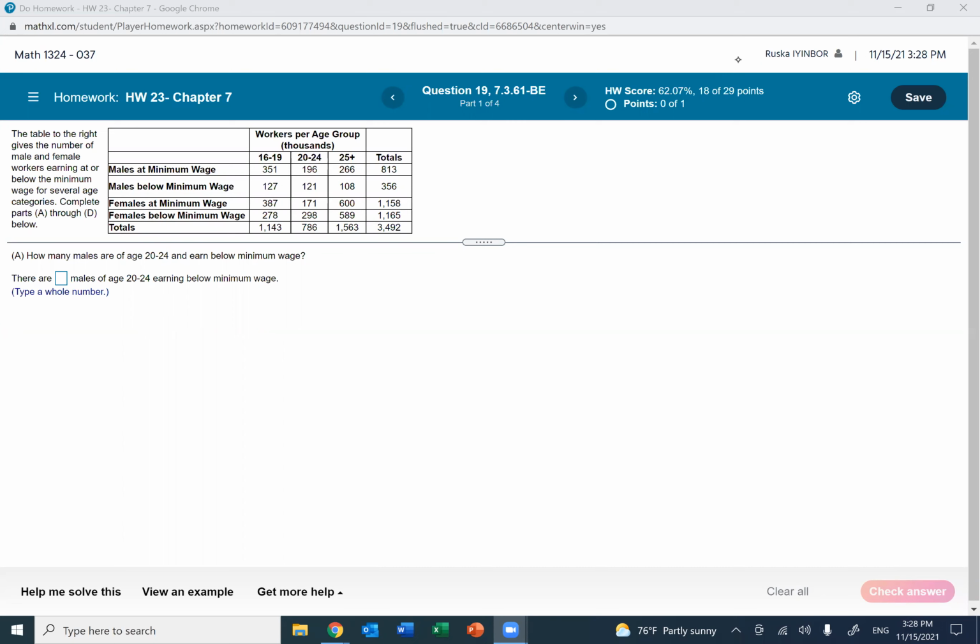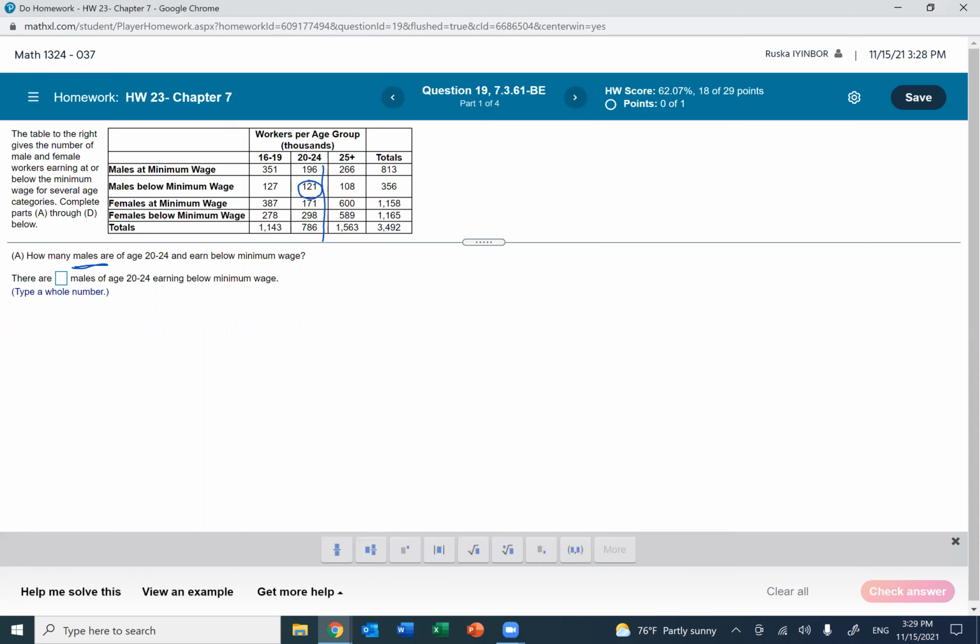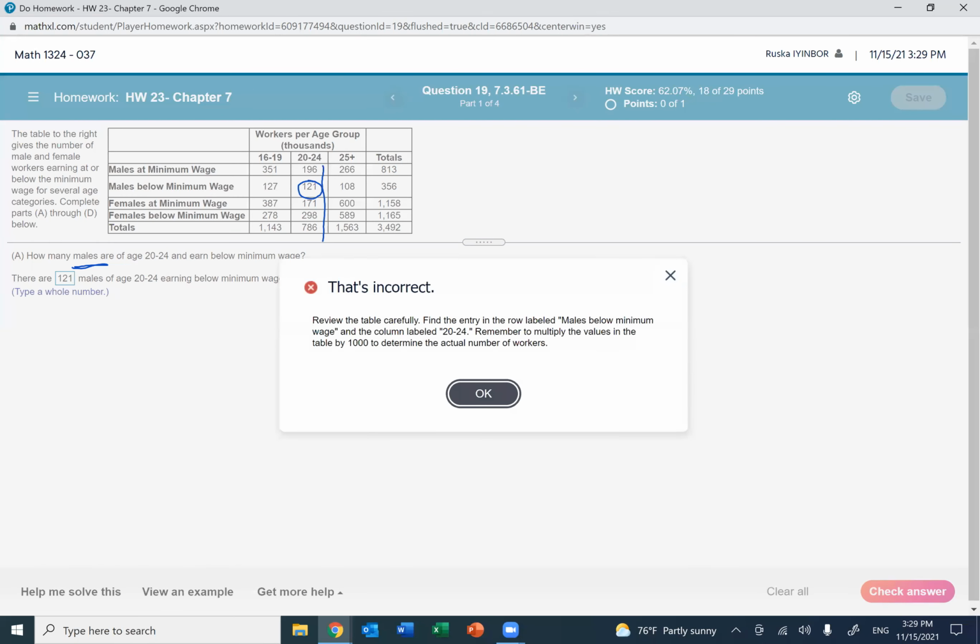So the category 20 to 24 is here, and below minimum, how many male? So what is that? 121, right? Let's check it again.